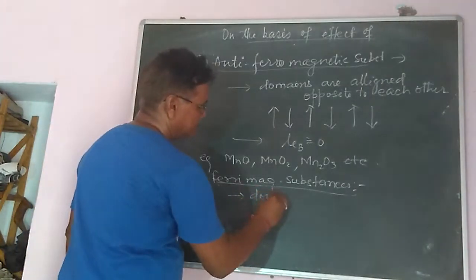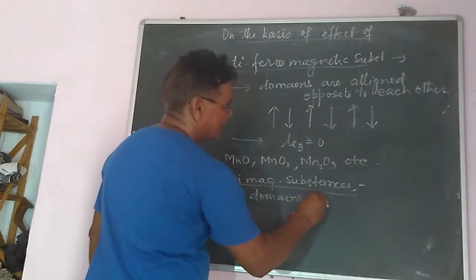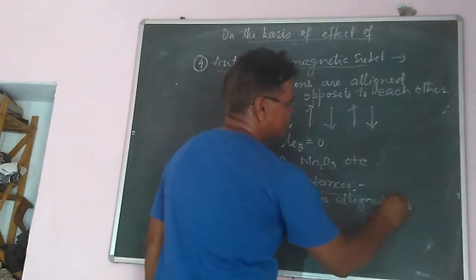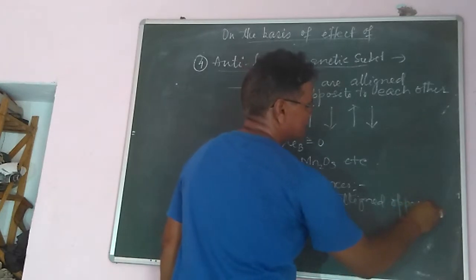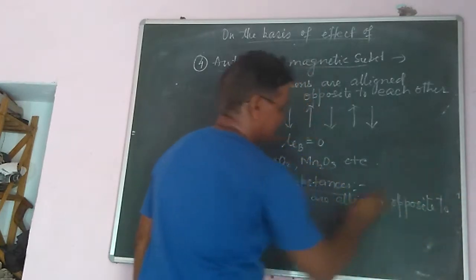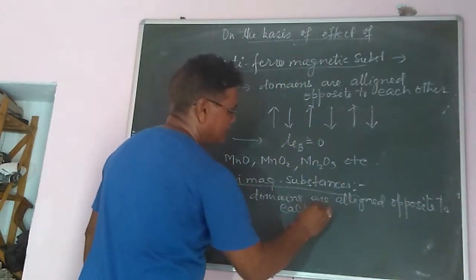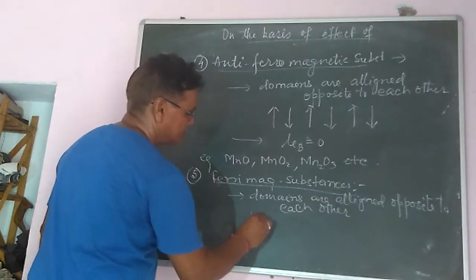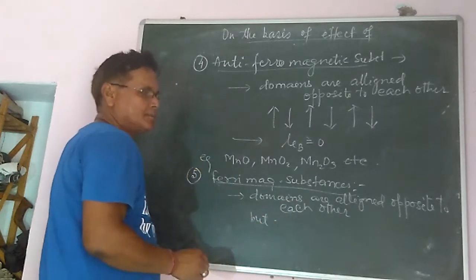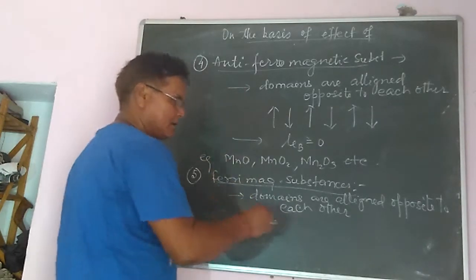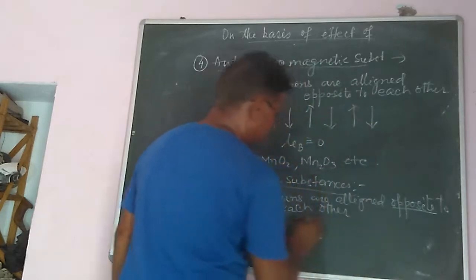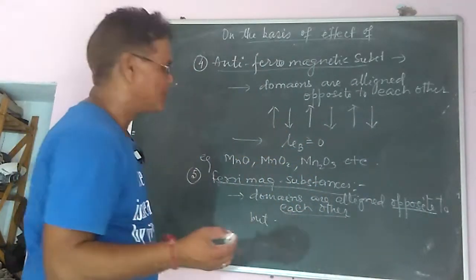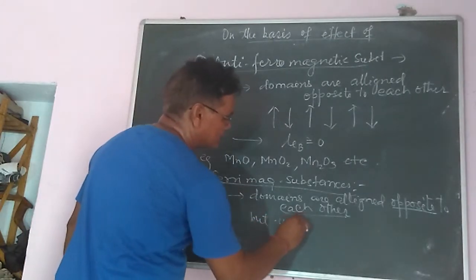But the condition is that they are unequal in number, parallel and anti-parallel. It means they would be opposite to each other, parallel and anti-parallel, but unequal in number.